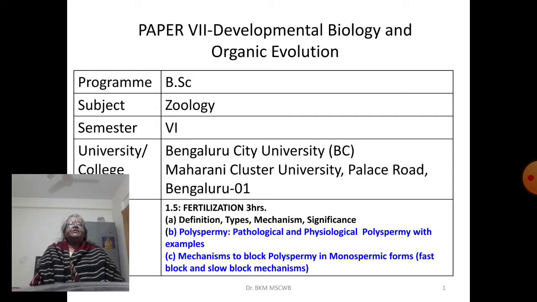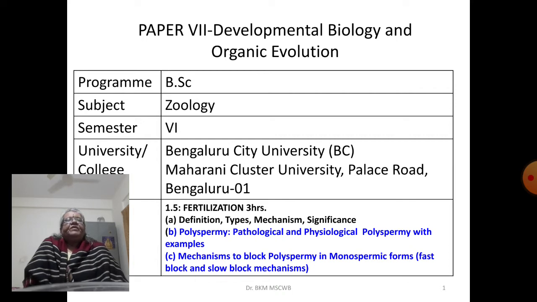In my previous videos, I have taught you the definition, types, mechanism of fertilization, and significance of fertilization. Now we have to understand one more phenomenon or concept, that is polyspermy. Polyspermy, pathological and physiological polyspermy with suitable examples.